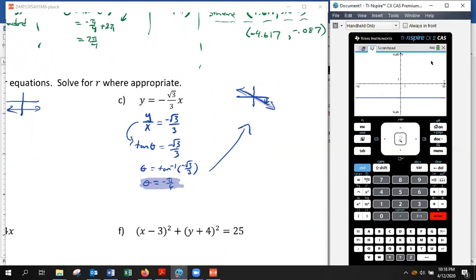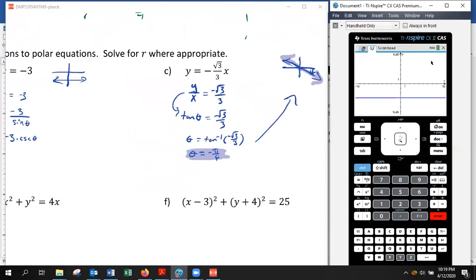If my radius is positive, it goes in that direction. If my radius is negative, it goes in that direction. So this is very unique, that we now have an equation based purely off of theta rather than on the radius, which goes back to what I said, that we no longer really have an independent or a dependent variable. They're truly codependent upon each other.